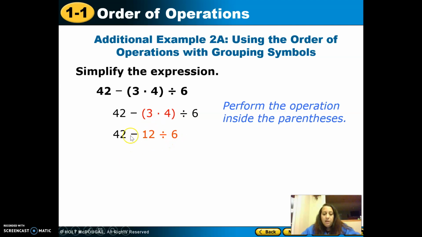It's very tempting to do this 42 minus 12 because you know that's an easy 30, right? But that's not the one you want to do next. The next operation you want to do is this 12 divided by 6. So drop down your 42 minus, and then 12 divided by 6 is 2. So 42 minus 2 is 40.